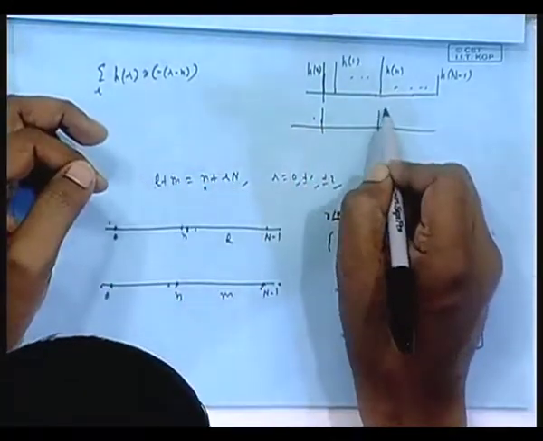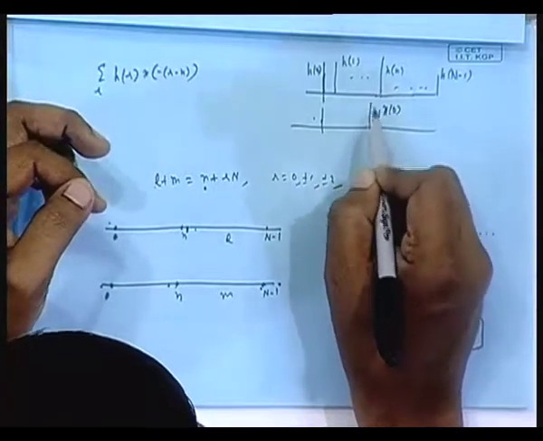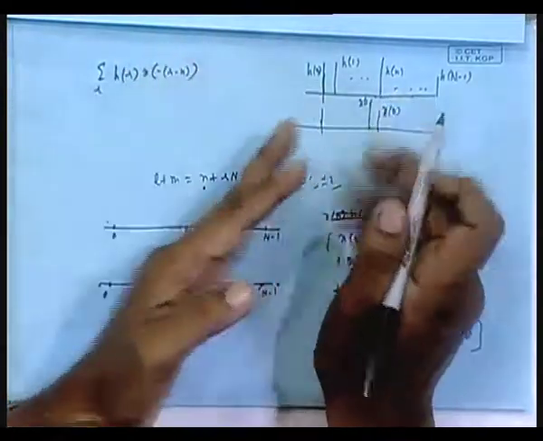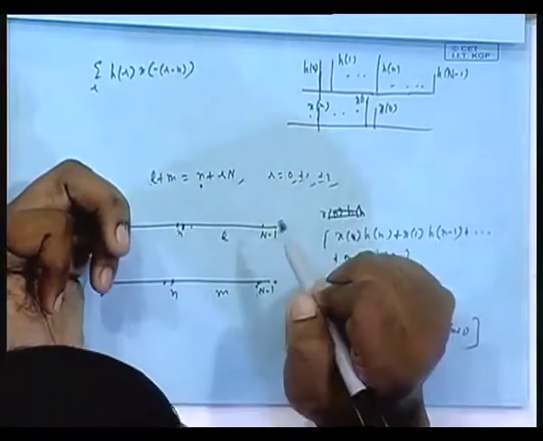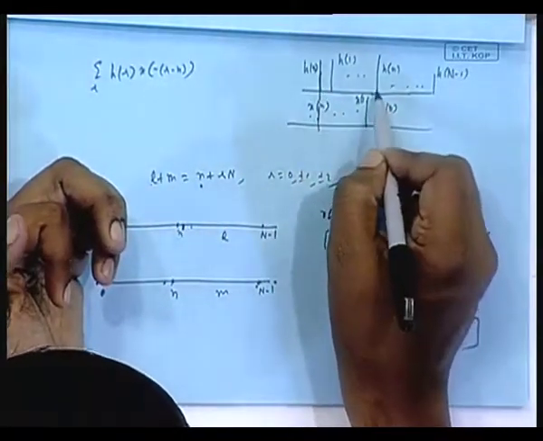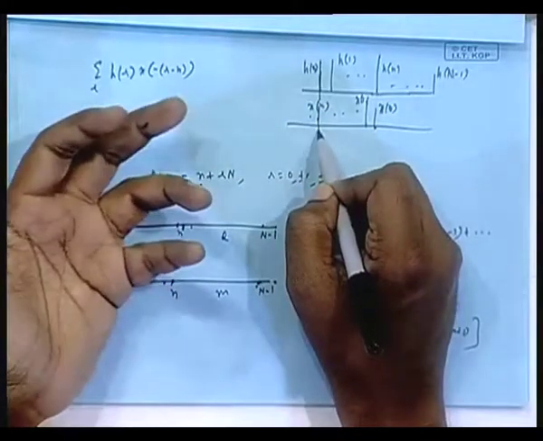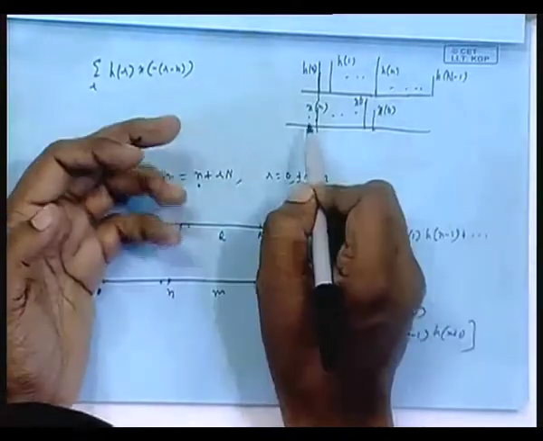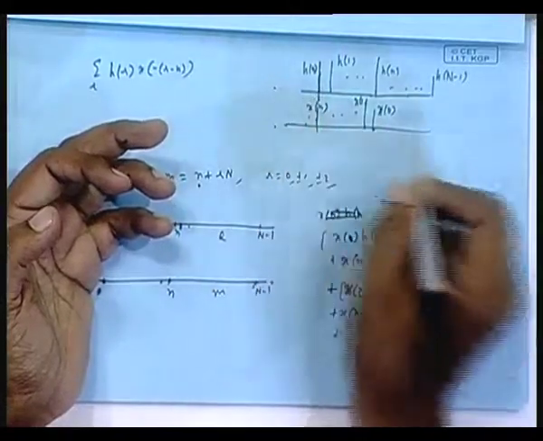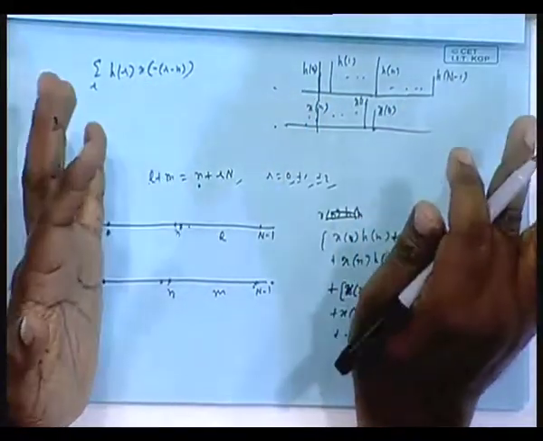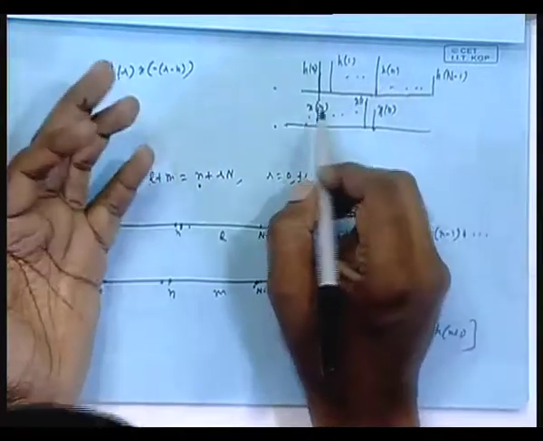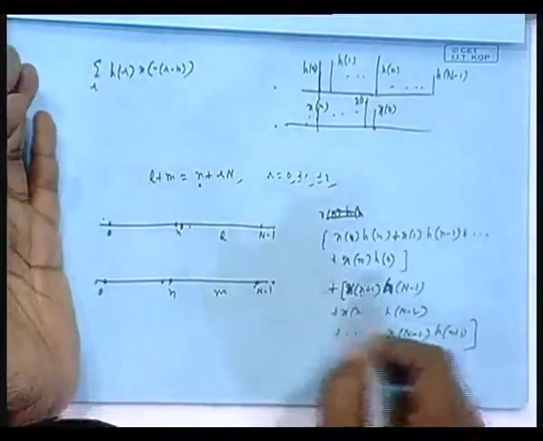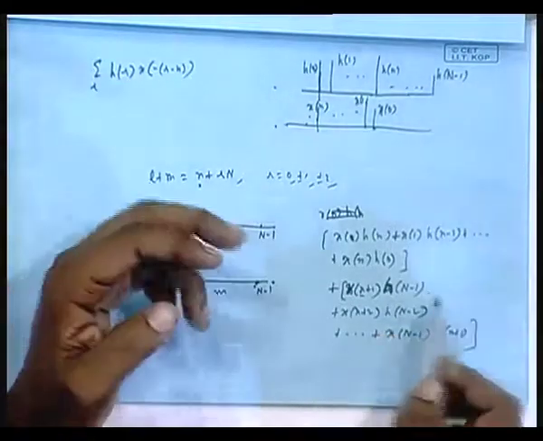So, x0 comes below this, x1 comes here, just shift it, dot dot dot xn comes here. Other terms here get multiplied by 0, so forget them, only this part you multiply, you get back x0 hn. You understand, no? These are linear convolution, but that is what I wanted, but I am getting the extra term.